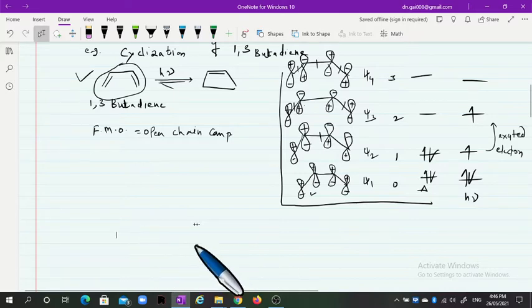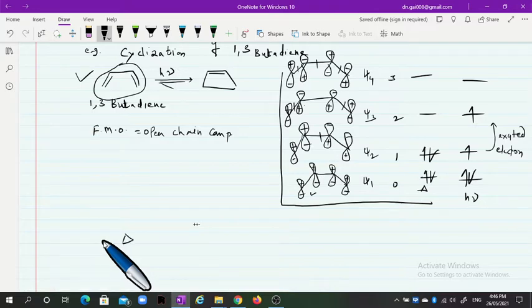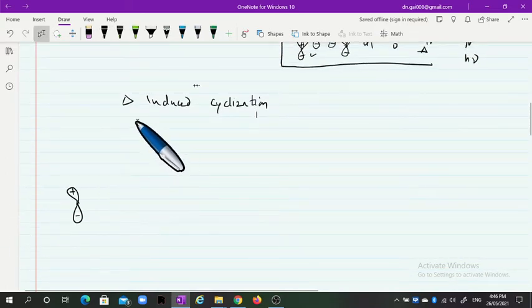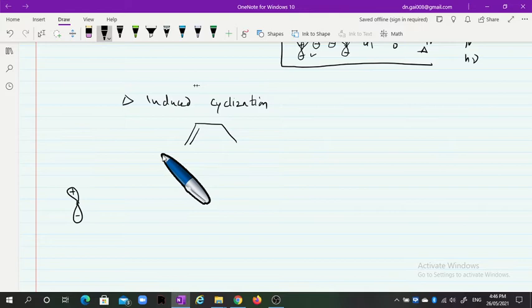Firstly, we will draw our starting material, 1,3-butadiene, which gives cyclobutene, and for the FMO approach we have to consider the open chain orbitals.